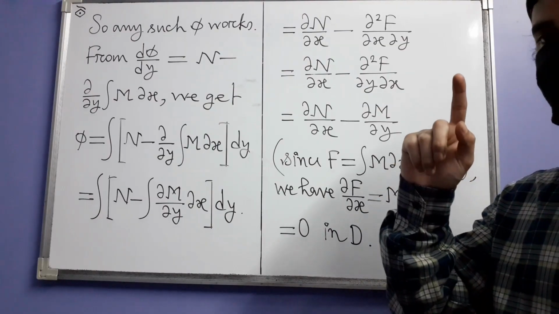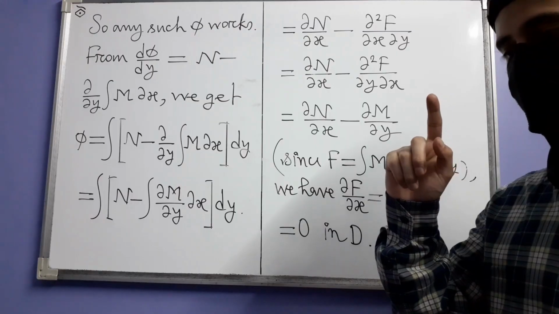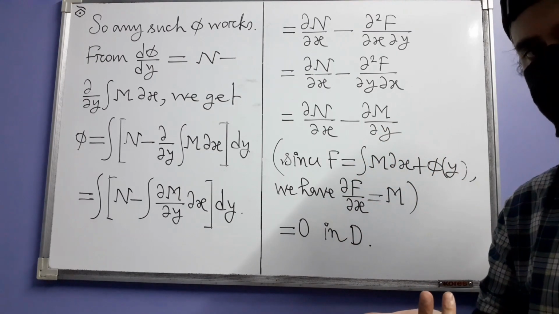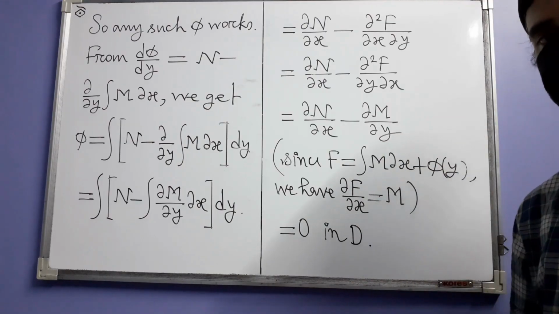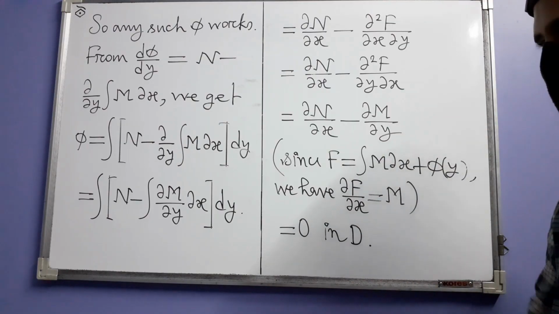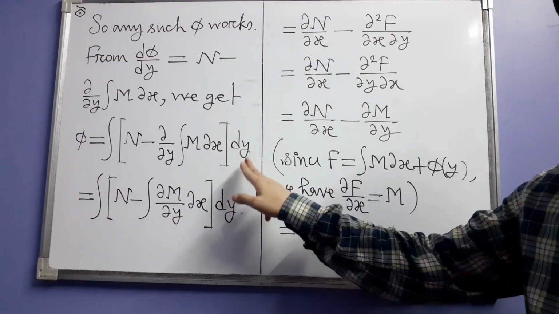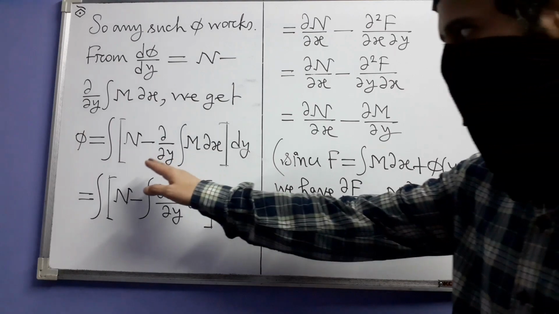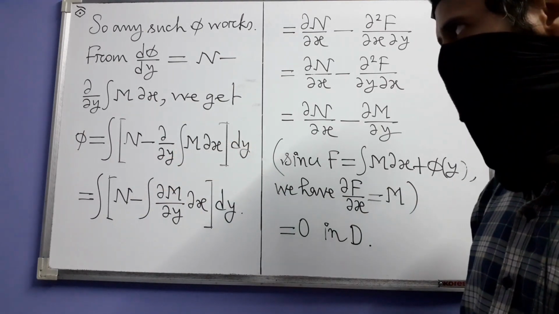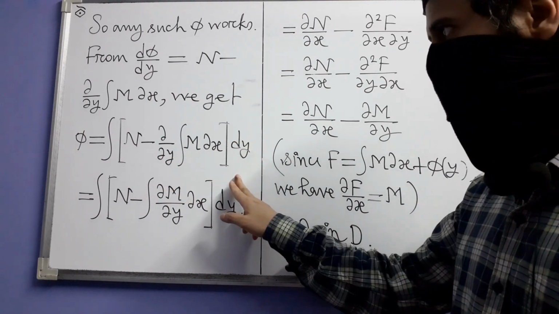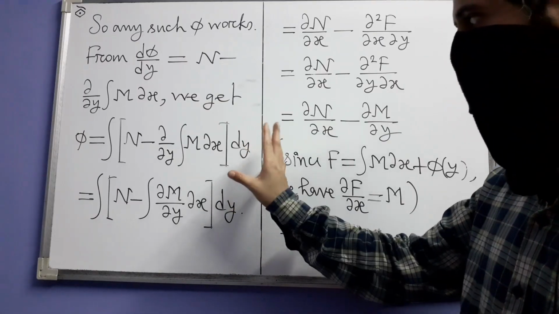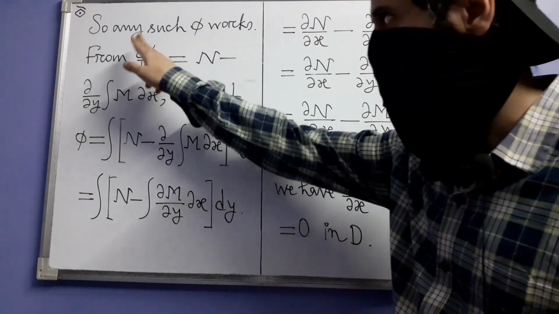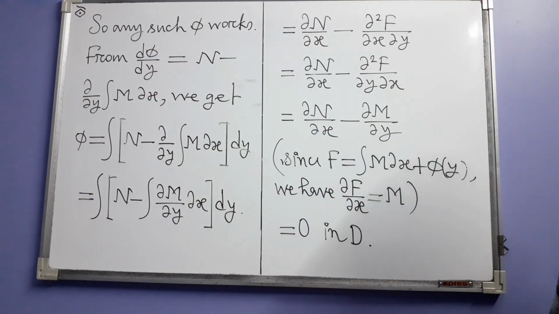And then when we go to the issue of actually integrating the differential equation or solving it, there a constant will appear. So it's not that by not writing a constant here we are losing anything. No. So this is just one antiderivative of phi, one function whose derivative is this. So this is one phi.